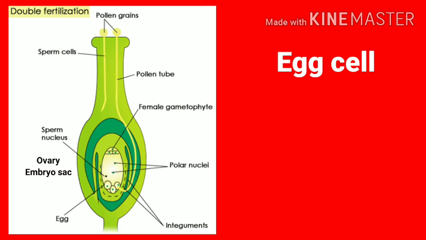When you observe the embryo sac inside the ovary, you can see the egg cell and polar nuclei. Have you seen it? Here the polar nuclei are also haploid. The male gametes of the pollen grain travel through the pollen tube, reach the ovary, and then enter the embryo sac.